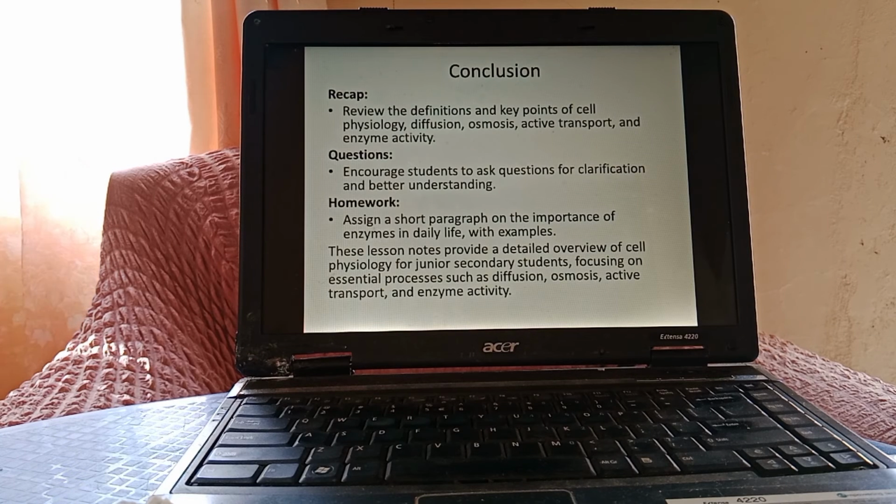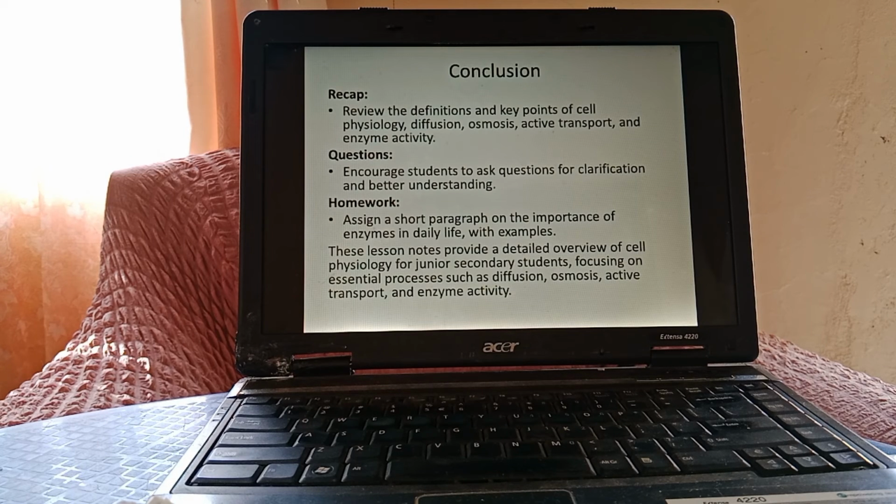Conclusion. Review definition and key points of cell physiology, diffusion, osmosis, active transport, and enzyme activity. Questions. Encourage students to ask questions for clarification and better understanding. Homework. Assign a short paragraph on the importance of enzymes in daily life with examples.